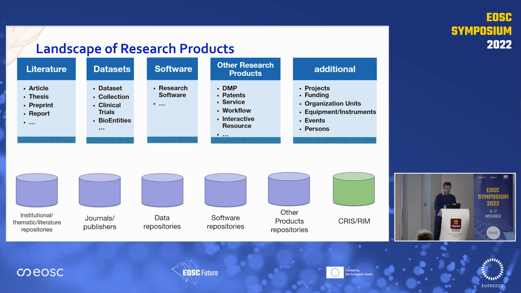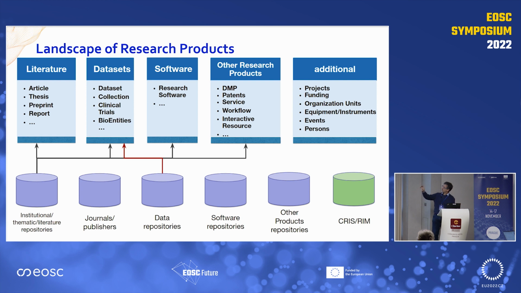Now, if we take a closer look at this landscape, we see that the institutional and thematic repositories have mostly literature, data sets, software, and other research products at the moment.